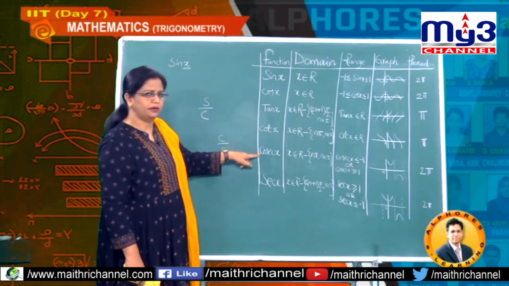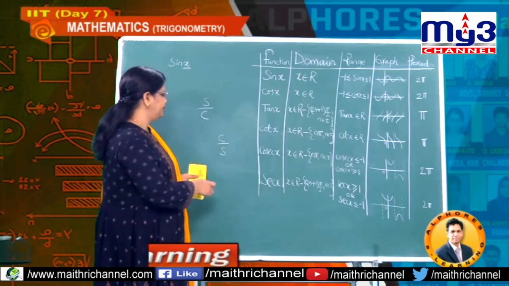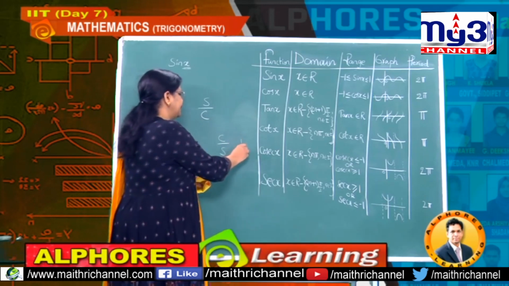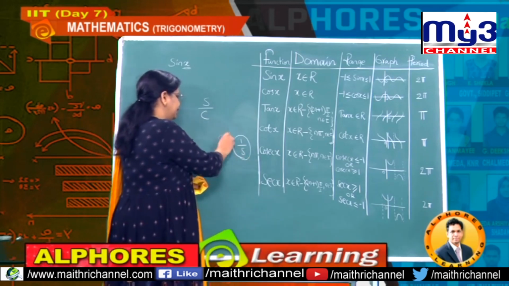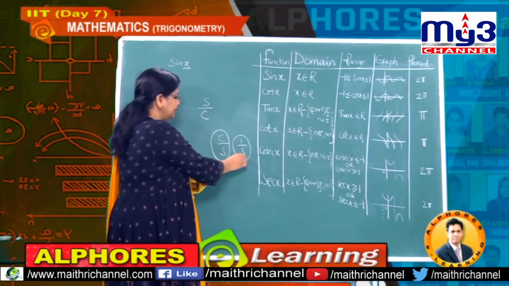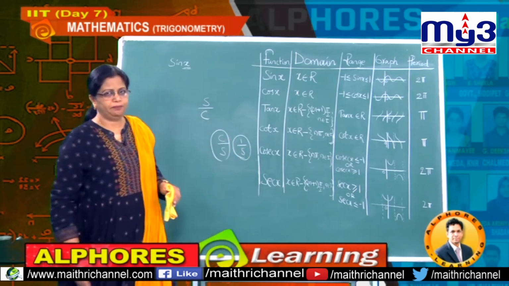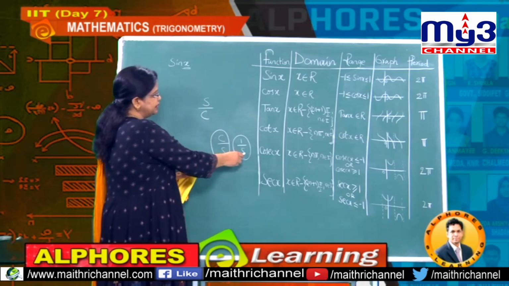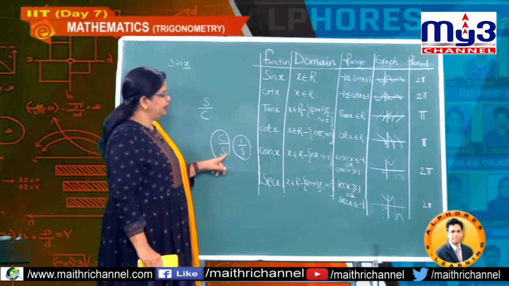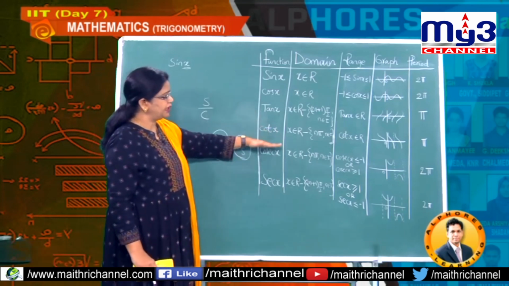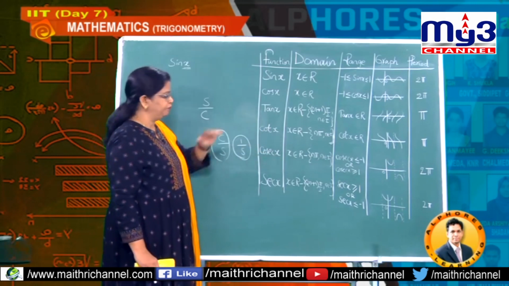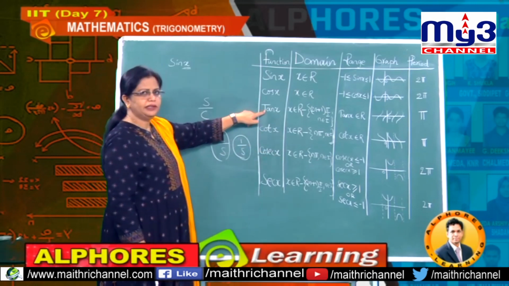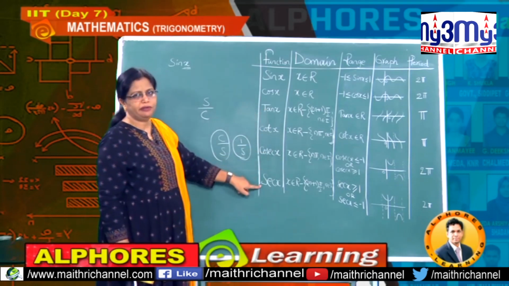And cosec, what is the value of cosec? 1 divided by sine. In both, you observe the sine function in the denominator, which is why these two have the same domain. And again, tan is sine by cos, and secant is 1 by cos.